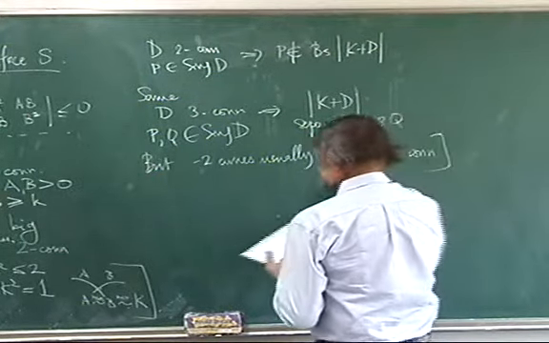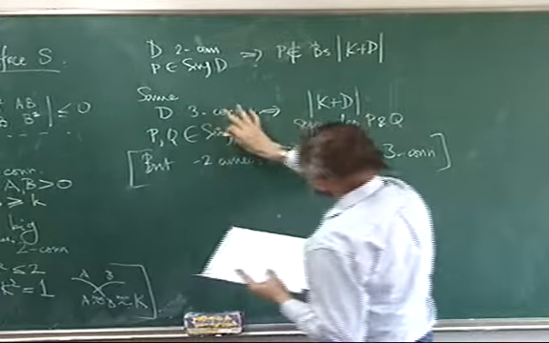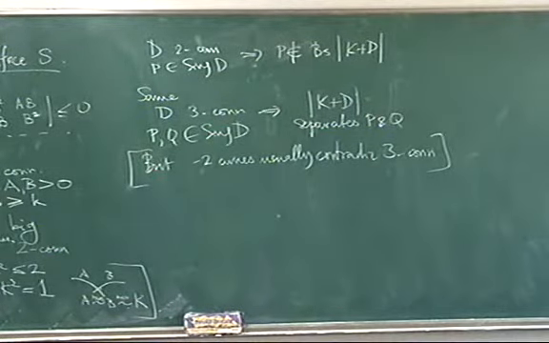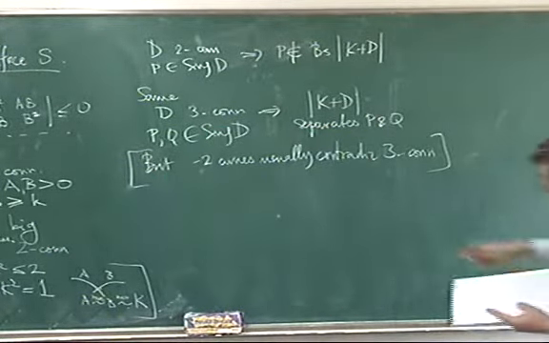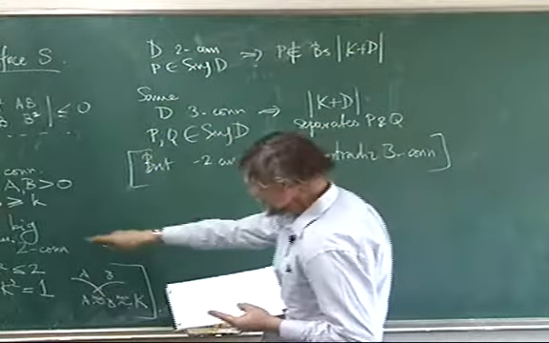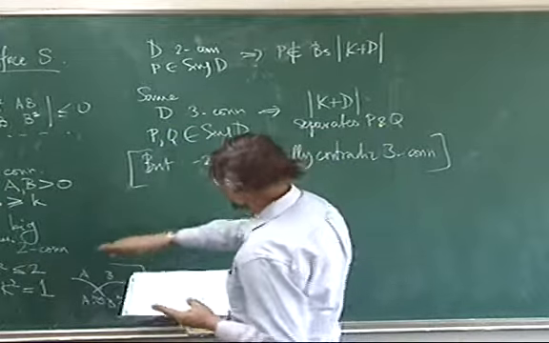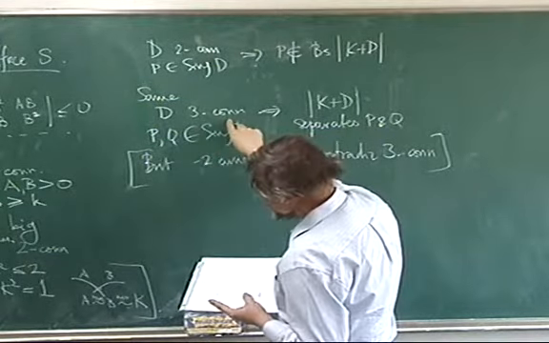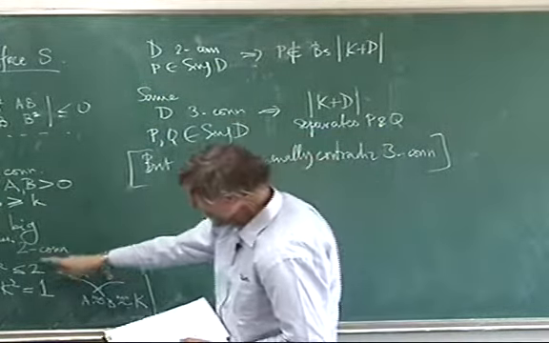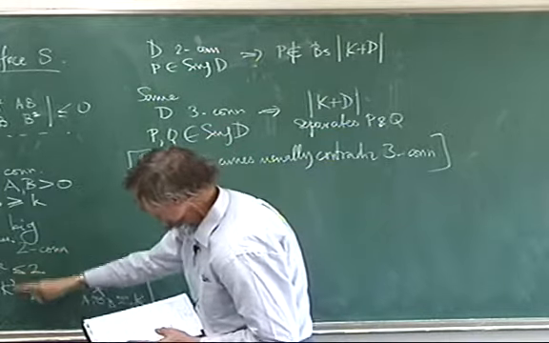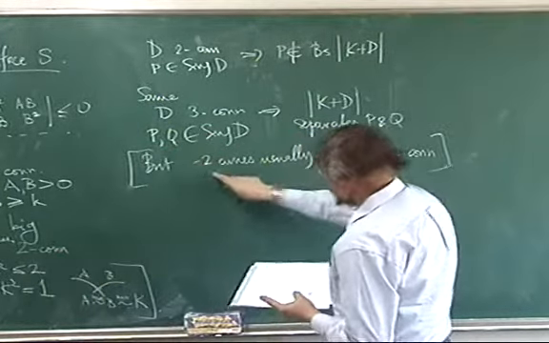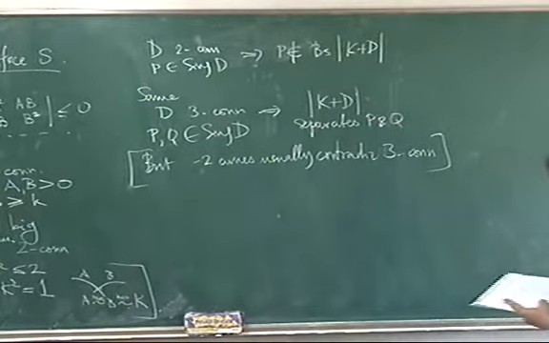So this is not, as it stands, quite the right way to deal with it. If I just run exactly the same arguments I used to prove this, then I will find that D is 3 connected, except for a small number of silly initial cases, and except for the possibility that there are minus 2 curves.